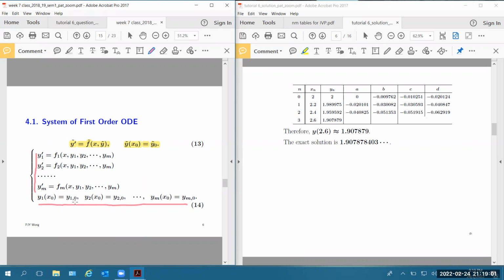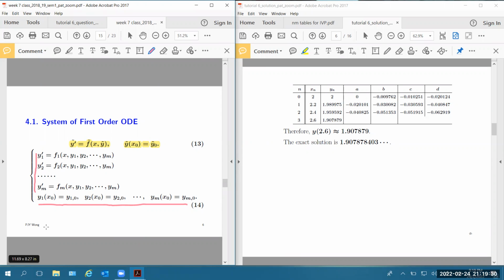Although here we write it like that, when we are doing the problem, this is actually a known constant. So y1 comma 0 is the constant that we have. y1 x0 means the value of y1 at x0.